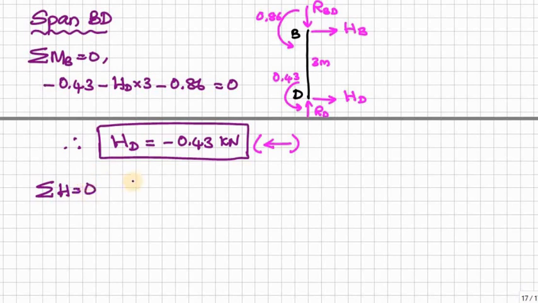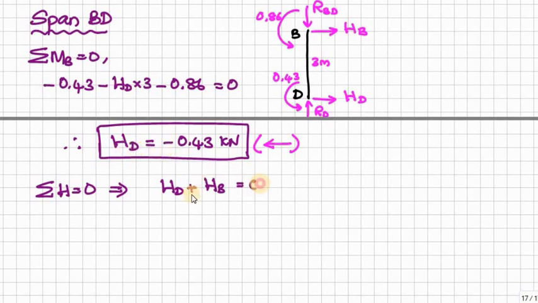Now apply sigma H is equal to 0. Therefore HD plus HB is equal to 0 based on the assumed direction. So here we have to substitute the values.